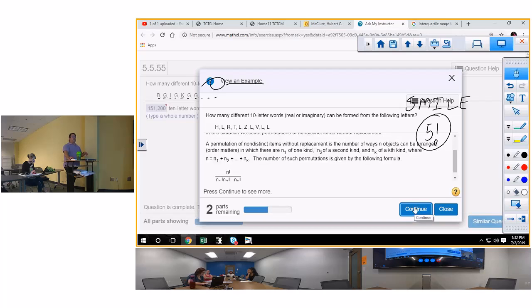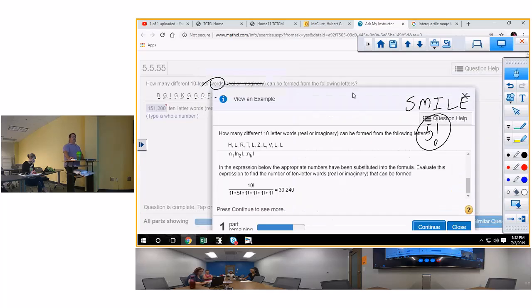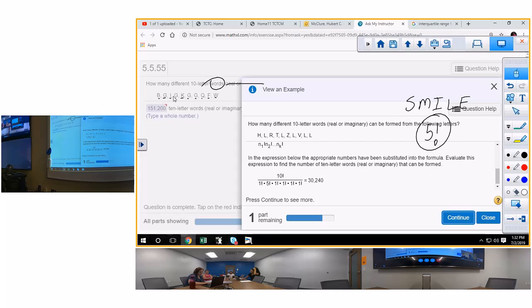Oh, they're using the permutation. We didn't cover this. We didn't cover this, so write it down. You got to count how many are repeating. Okay, you got 1, let's see, how many are repeating?